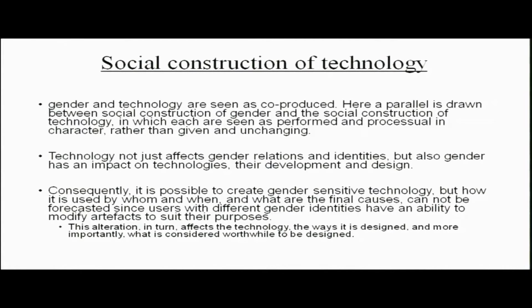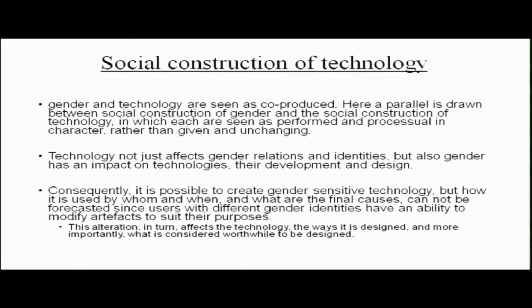So again, it's a symbiotic relationship, and consequently it is possible to create gender sensitive technology, but how it is used by whom and when and what are the final causes cannot be forecasted, since users with different gender identities have an ability to modify artifacts to suit their purposes.